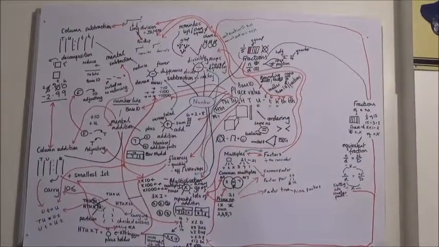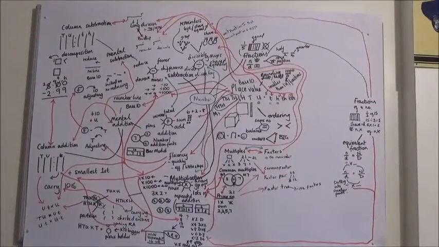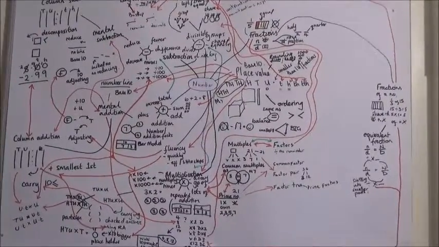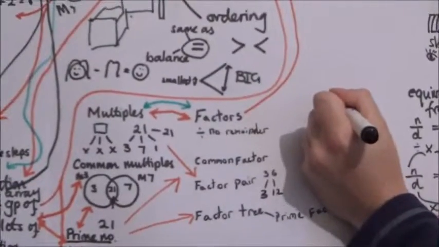Right, to our number mind map, and getting very complicated number mind map, we're going to be zooming into this section here to look at our simplifying fractions. Okay, right, simplifying fractions here.